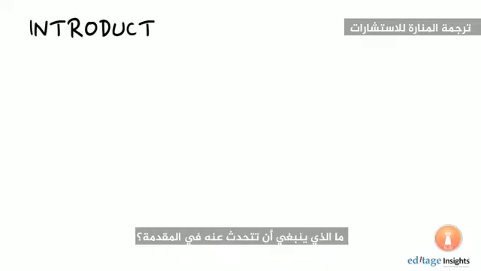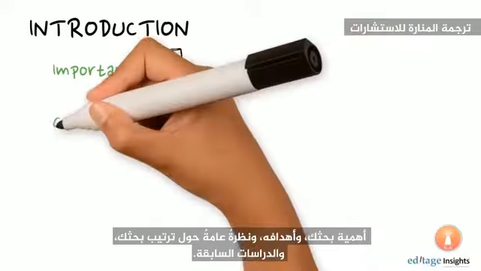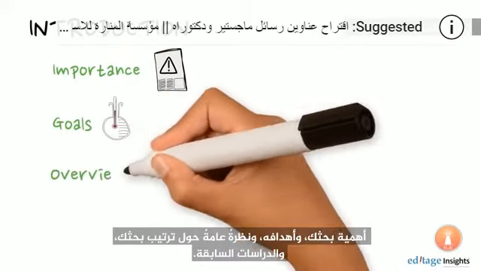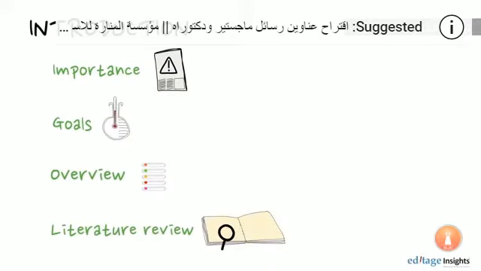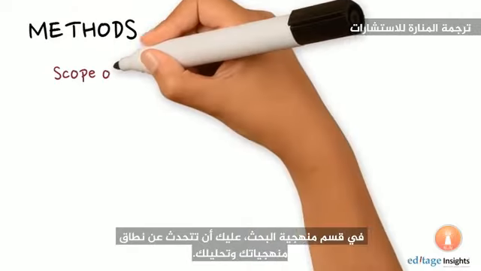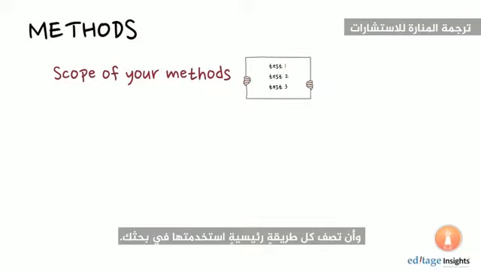What should you talk about in the introduction? The importance of your research, the goals of your paper, an overview of the organization of your paper, and a literature review. In the methods section, you need to talk about the scope of your methods and analysis, and describe each major method you used in your research.